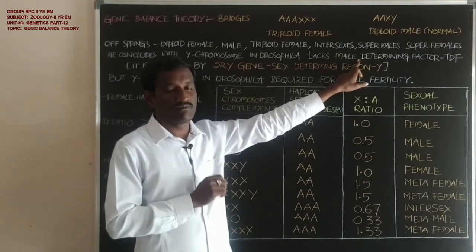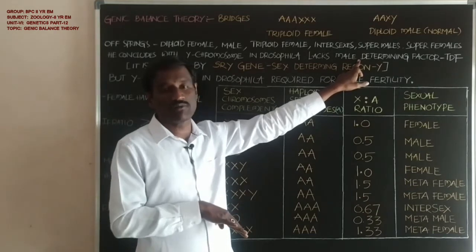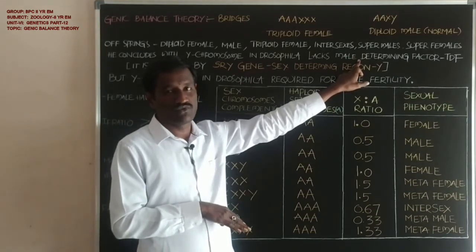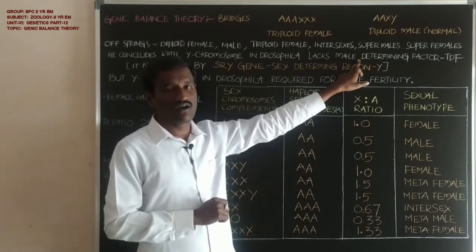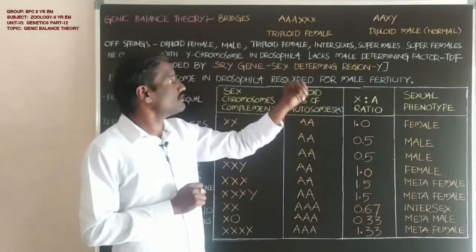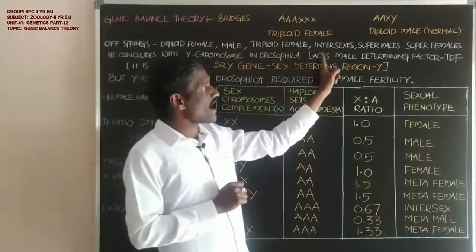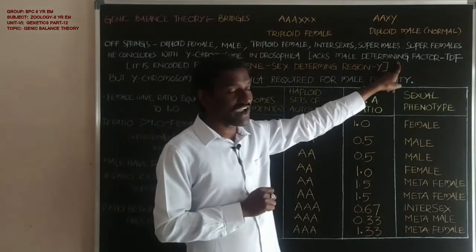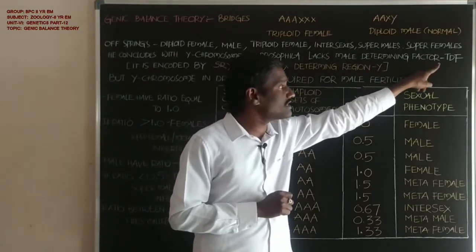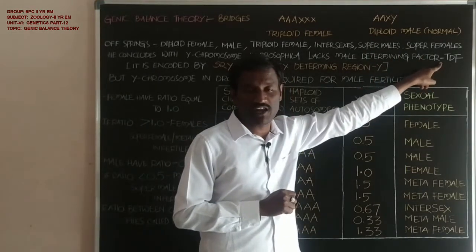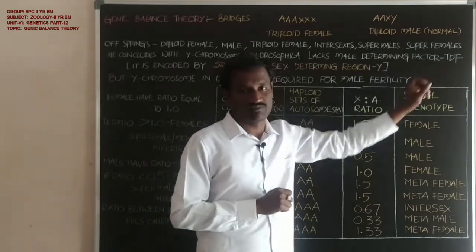Okay, male sex is not determined by the Y chromosome. Why does it not determine the male sex? Because the Y chromosome lacks the male determining factor. The male determining factor is also called the testis determining factor, TDF.